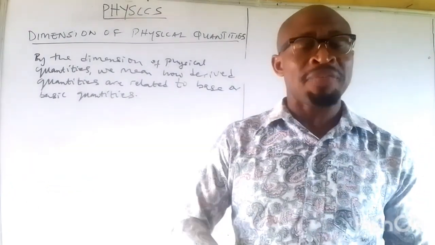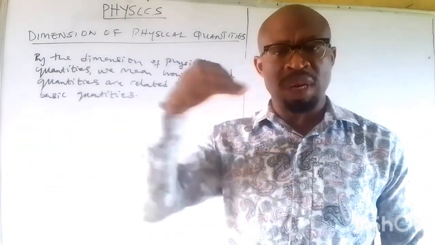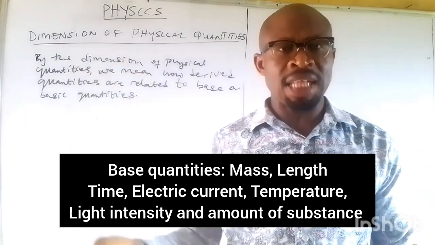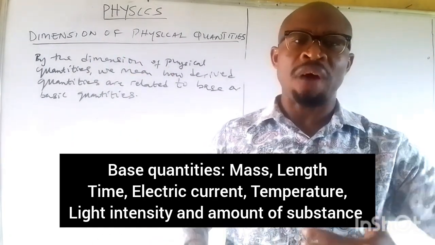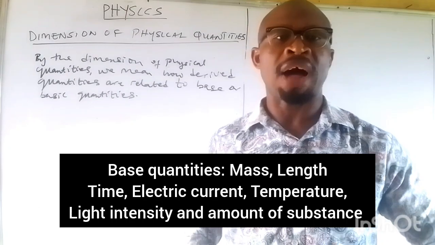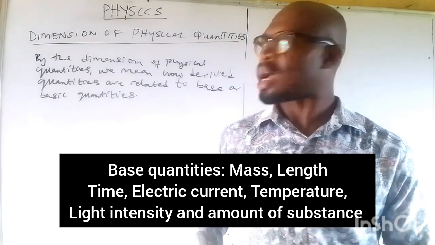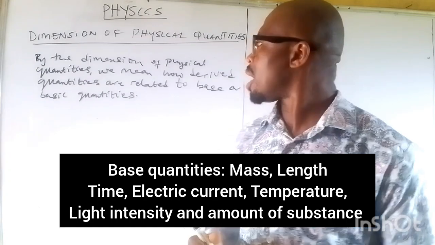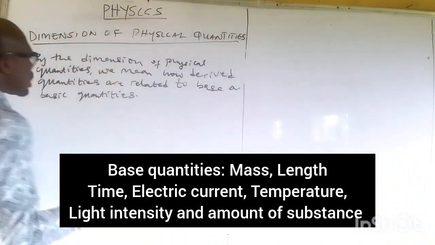basic quantities. Remember, there are 7 basic quantities we listed in our last lesson, which include length, mass, time, temperature, current, light intensity, and substance.